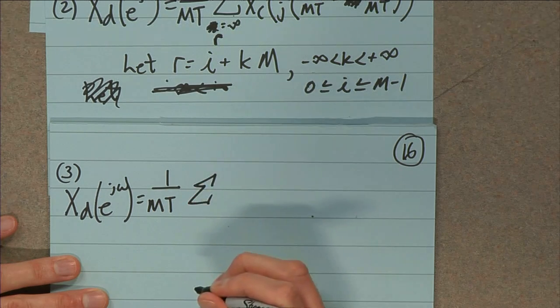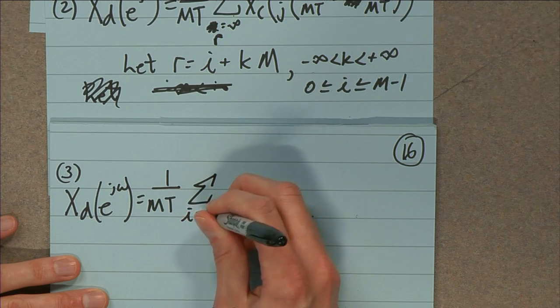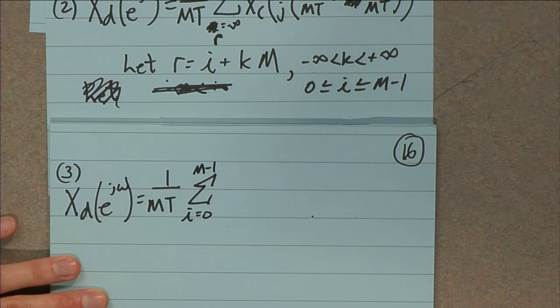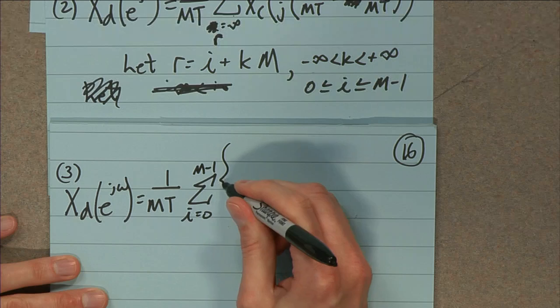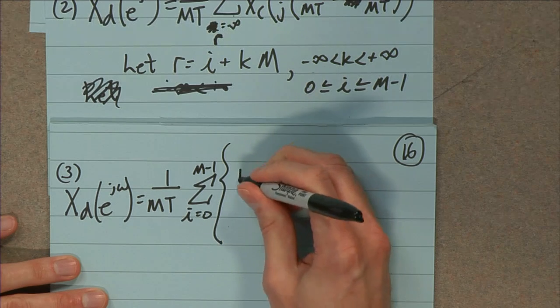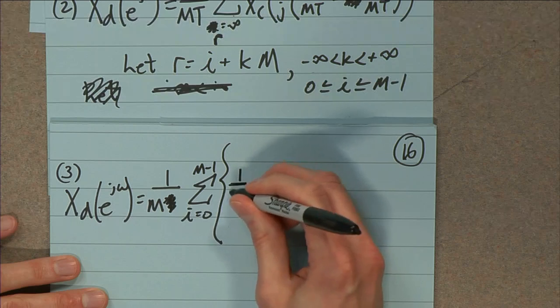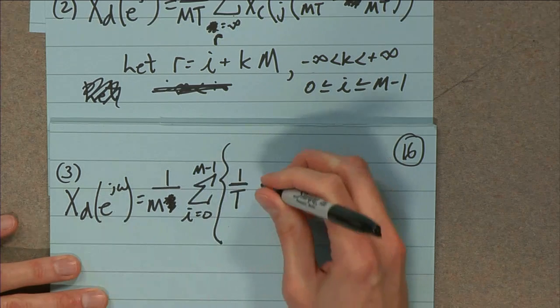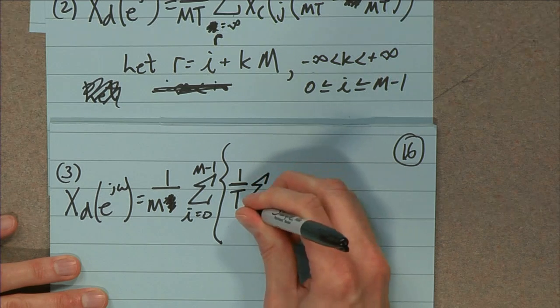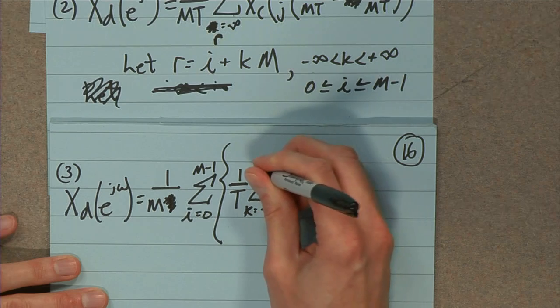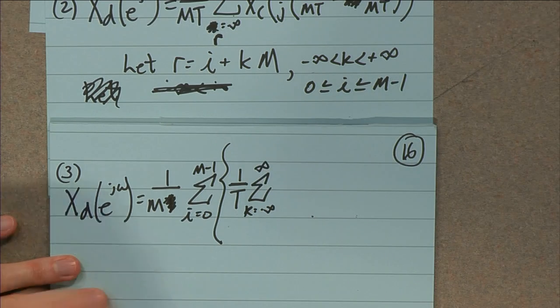So let's carefully do i equals 0 to M minus 1. It's our first summation. I'm going to put a curly brace here, and I wanted to keep this T inside here, which you'll see why later. And of course, k is negative infinity to infinity. It's doing most of the work here.